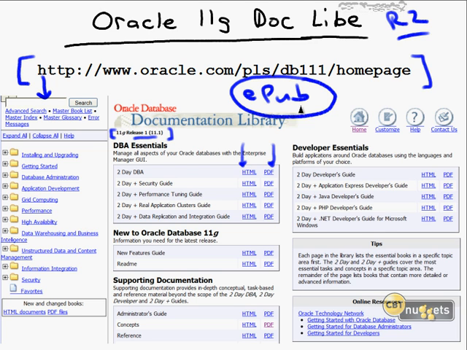Now, EPUB is pretty much an industry standard ebook format. So, for instance, if you're using the Apple iPad, the iBooks application reads EPUB. So you can take the documentation library books and bring them into your mobile device for offline reading, and it's a very nice way to go. So please bookmark this site.